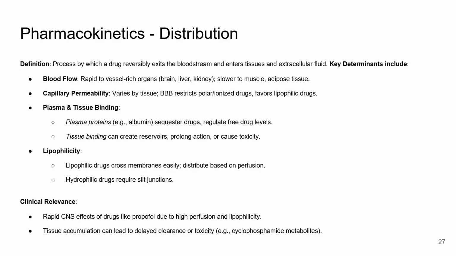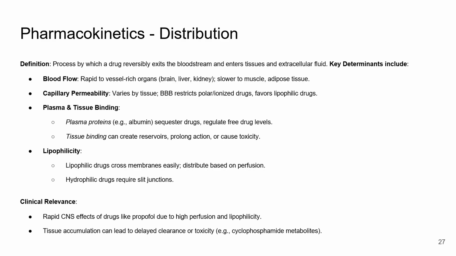So this explains why drugs like propofol have rapid central nervous system effects, because they are highly lipophilic. And so they can highly pass through membranes. There's a lot of cerebral blood flow.